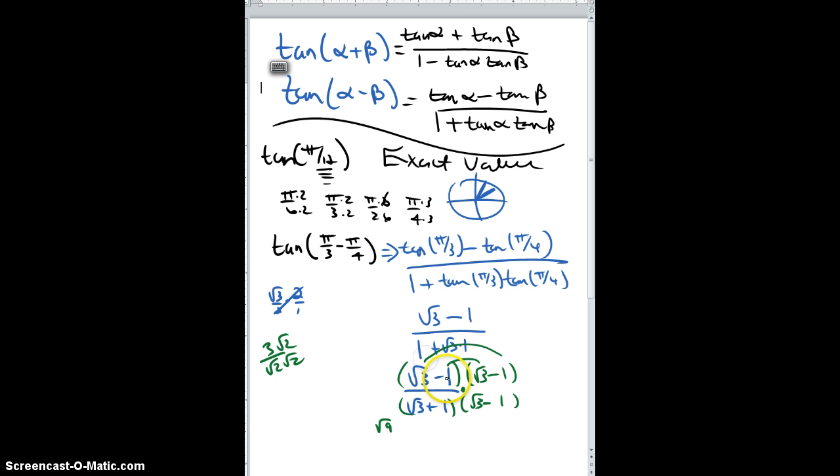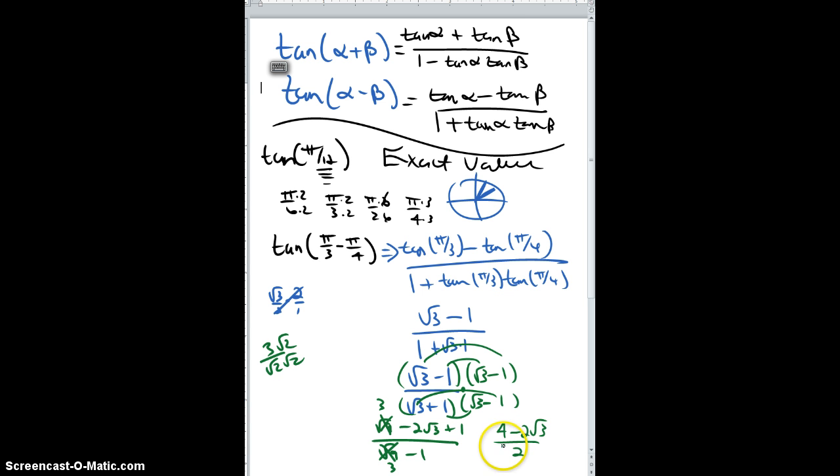Inside, outside is negative square root of 3, negative square root of 3, and last is plus 1. And then on the denominator, we get the square root of 9 again. And then our outside inside will cancel. That's why we use the conjugate. And last is that. All right, so what's going to happen is we get, this is 3. So I get what? 4 minus what? 2 radical 3. And then this will, again, end up being a number, 3 minus 1. And that will be a whole number down there.